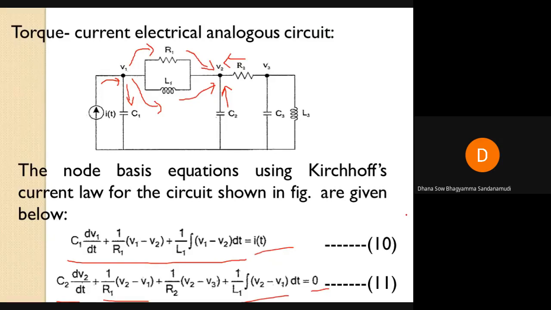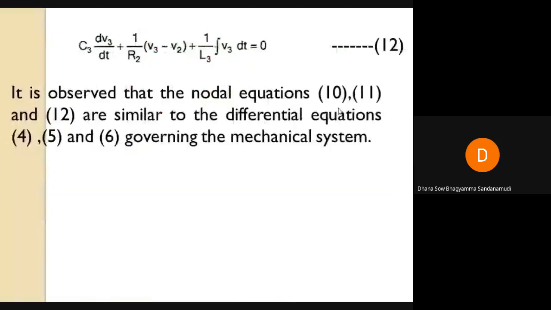Similarly, at node 3, you can consider all the currents either entering or leaving. I am considering all the currents are entering. Here only 3 currents are there: current in C3, in R2, and in L3.